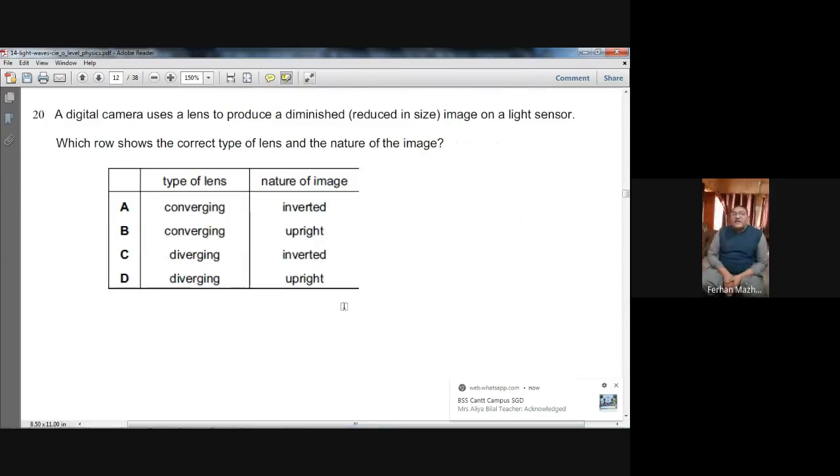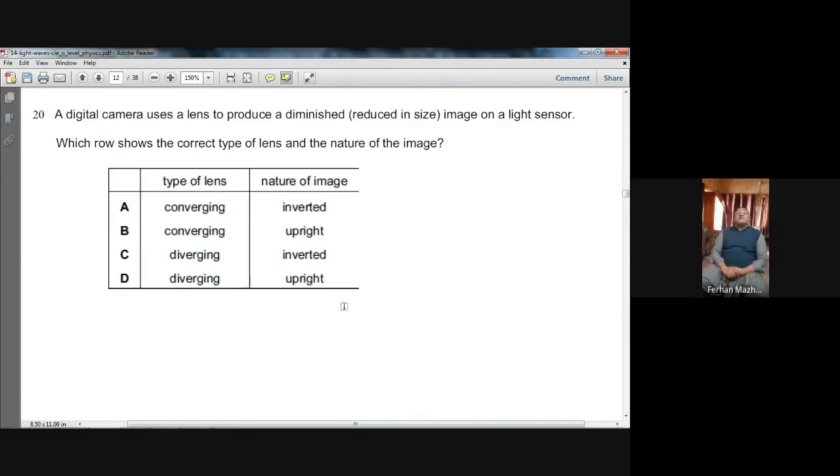A digital camera uses a lens to produce a diminished, reduced-size image on a light sensor. Which row shows the correct type of lens and the nature of the image? In a camera we use a converging lens, and the image is real.